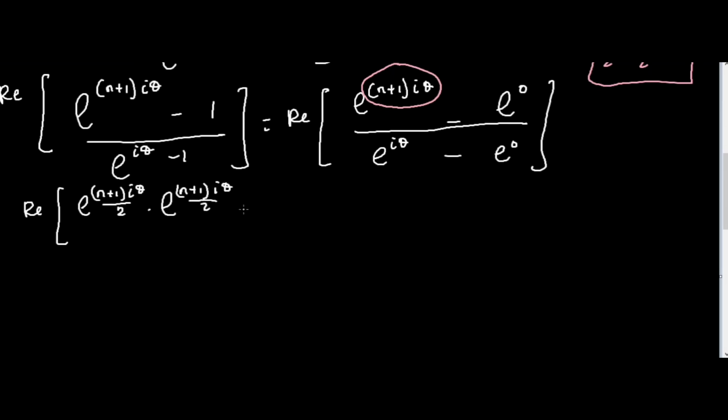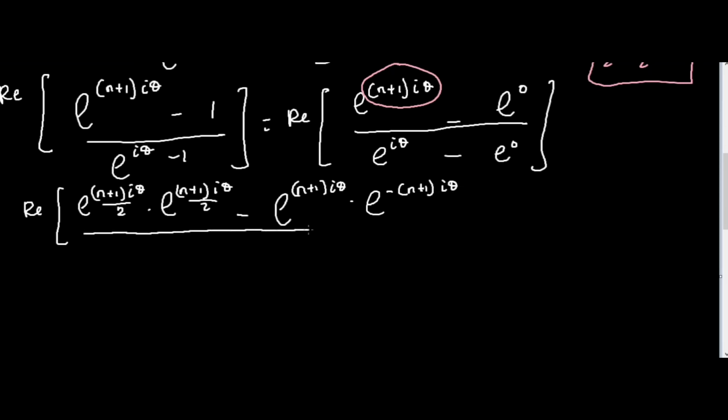Do you get the gist? Then minus, now, since it's 1, I can write this one as e raised to power n plus 1 I theta times e raised to power minus n plus 1 I theta. Do you get? Because minus that one will cancel out, become 0. Then that's still 1. I'm still doing the same thing, right?